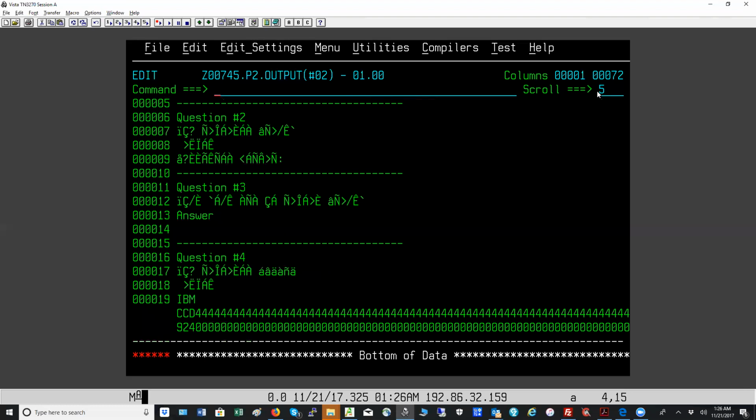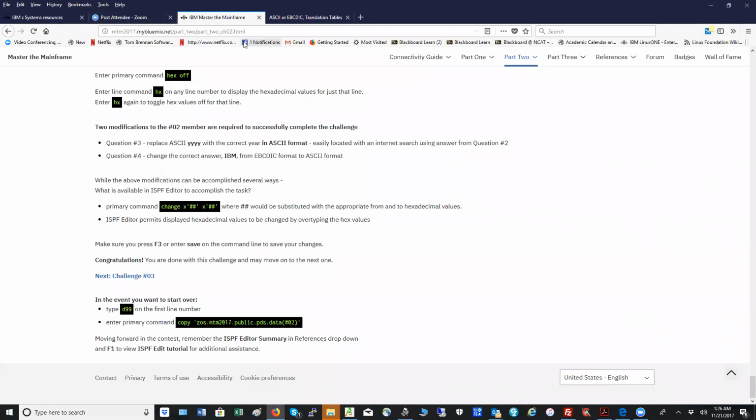Now, this is where the ASCII translation table comes in.